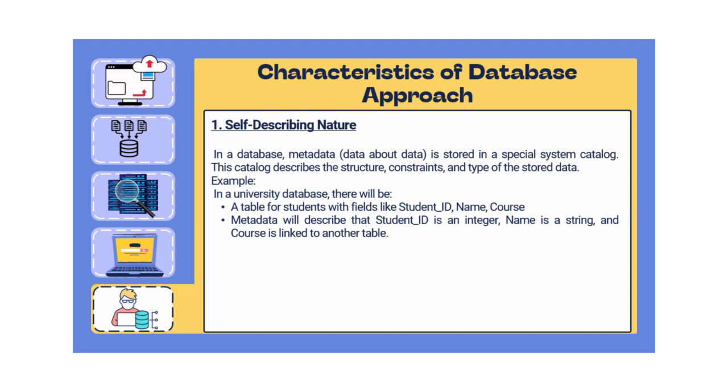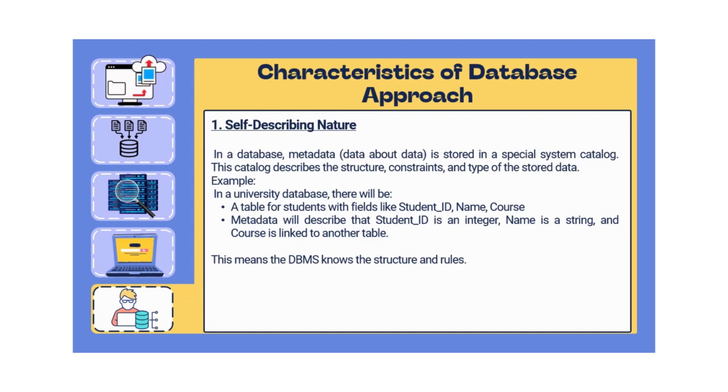For example, in a university database, there will be a table for student with fields like student ID, name, course, and the metadata will describe that student ID is an integer, name is a string, and course is linked to another table. This means the DBMS knows the structure and the rules.